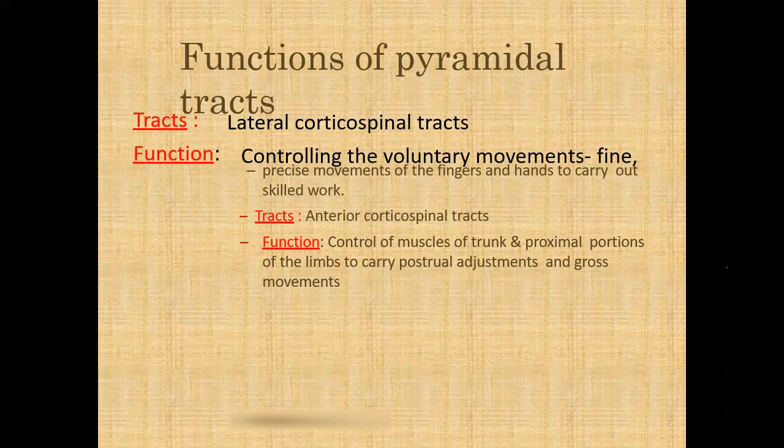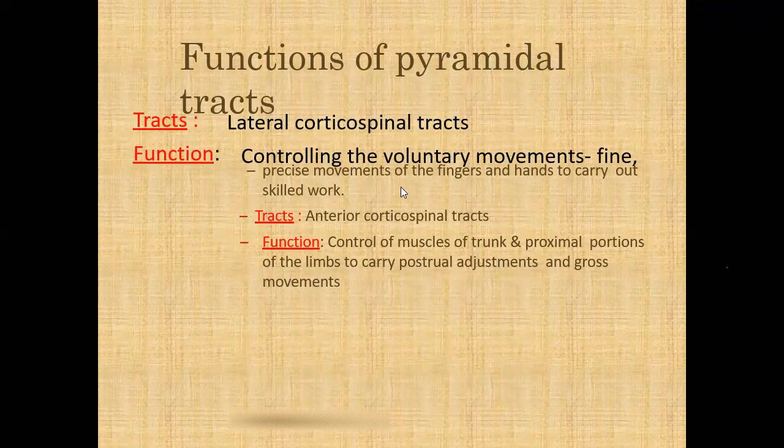So these voluntary movements are the fine movements of the fingers. So skilled working, embroidery, painting, using your fingers, how you train them, this is all controlled by the lateral corticospinal tract. And remember the motor homunculus. It has got a huge representation of the hand and the largest of the thumb.